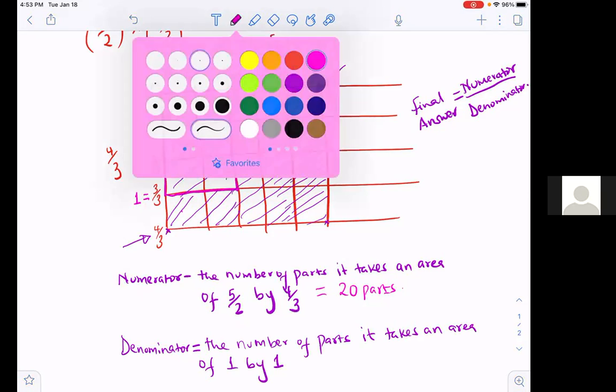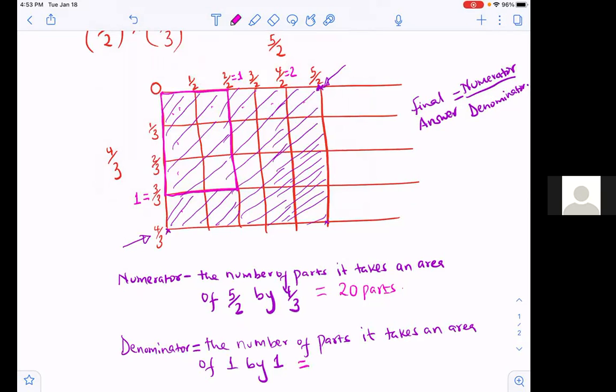Remember, I had mentioned that, and I actually indicated it with the pink highlight. This is the area that we can show of 1 by 1. And how many pieces, parts, or little squares are within the area of 1 by 1? There are 6 of them, 6 parts.